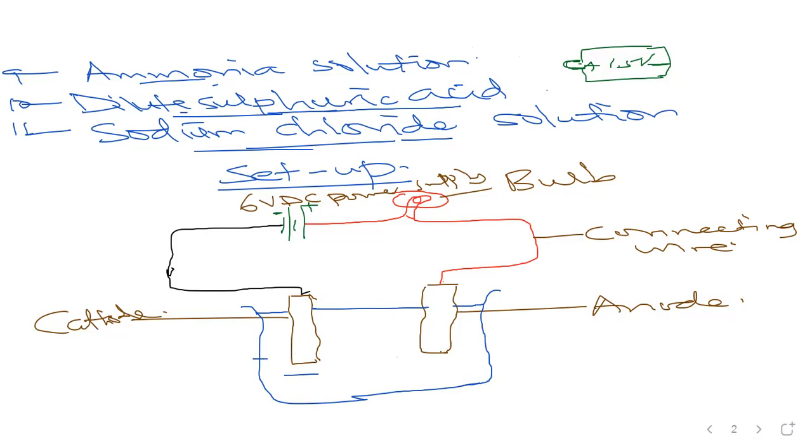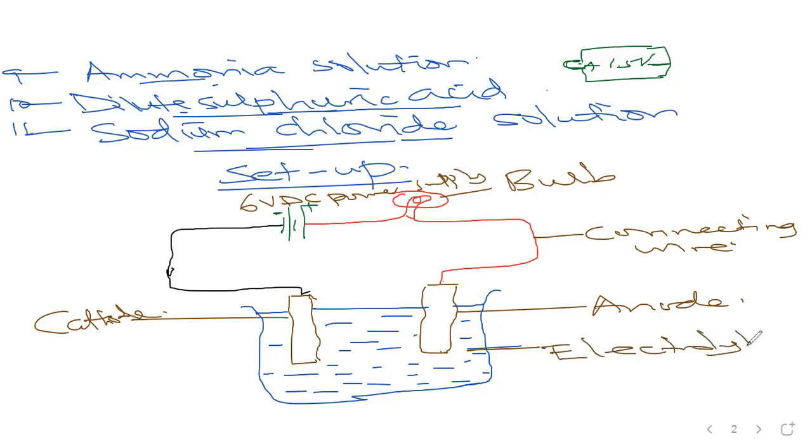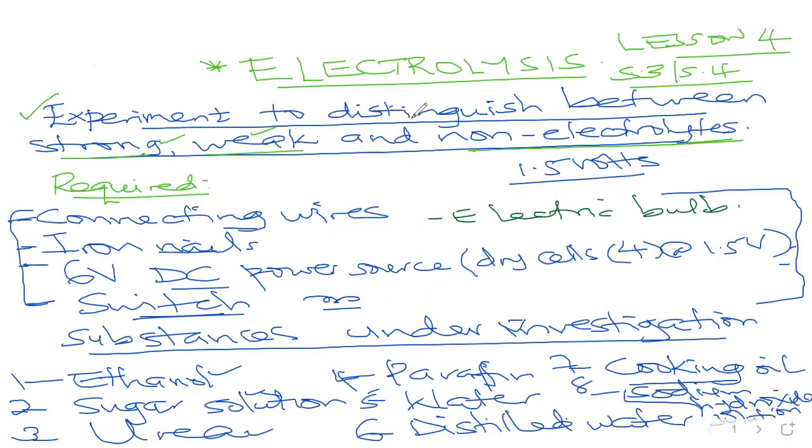So in here, we have our electrolyte. So that's our setup of the experiment. That is what we are going to use to see whether a substance is a strong, a weak, or a non-electrolyte. Hope I can proceed from this step.